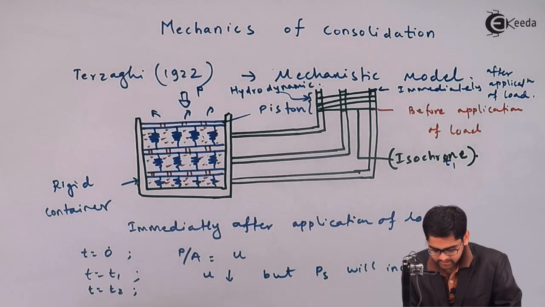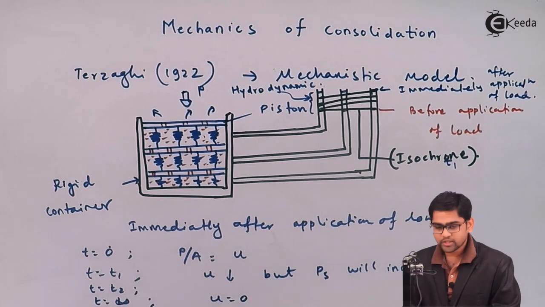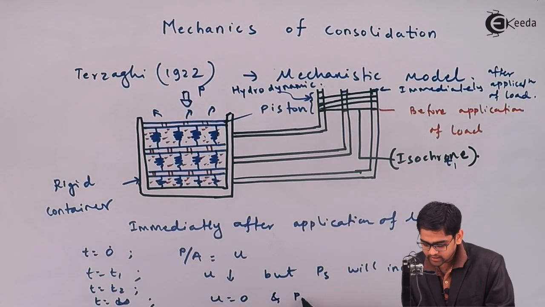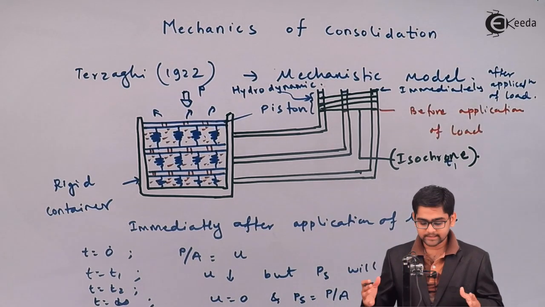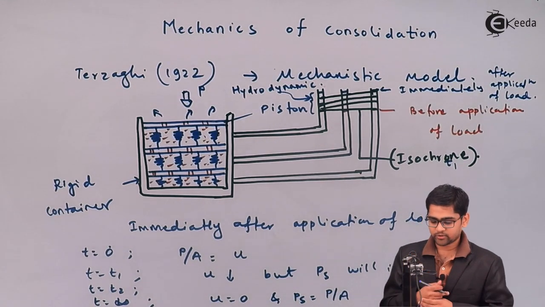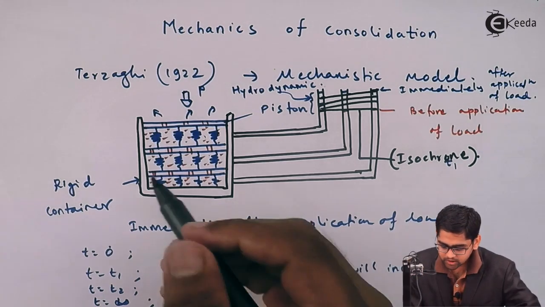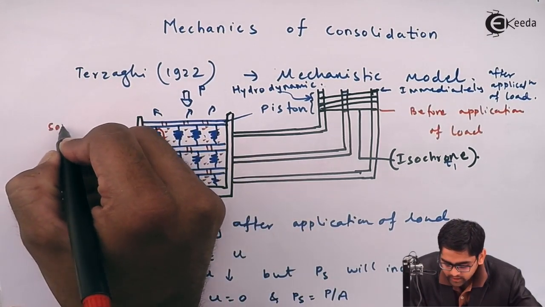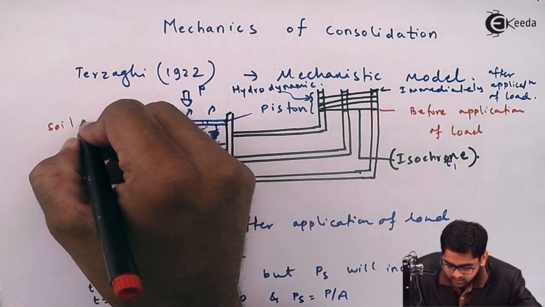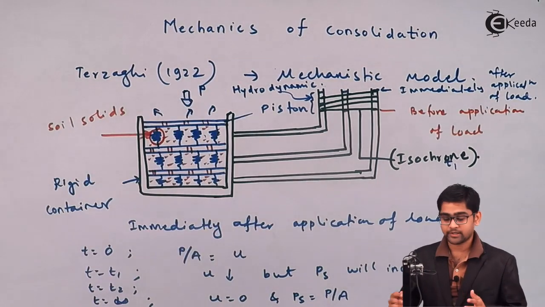And finally at t equal to infinity, u will become equal to 0 and all the stresses will be carried by the spring. This particular mechanistic model is related to the consolidation of the soil as follows. The spring in the model represents the soil skeleton, or in very simple terms, the soil solids.